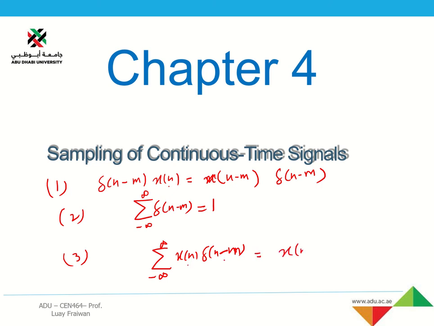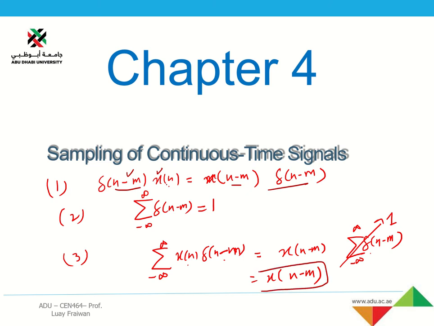This will be equal to x of n minus m times the impulse, and since the summation of the impulse is 1, we get only the function value. So when we multiply a signal with an impulse, we get the signal value at the impulse location plus that impulse. But if we integrate, we get only the signal value at that impulse location with no impulse. These properties are very important for understanding the different concepts of this chapter.